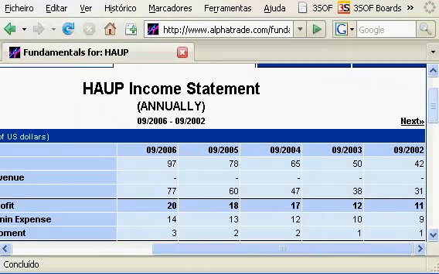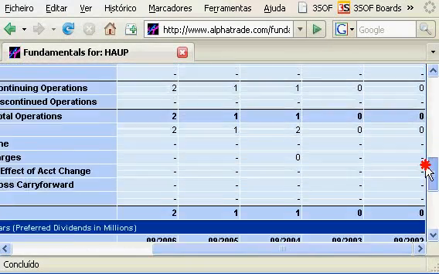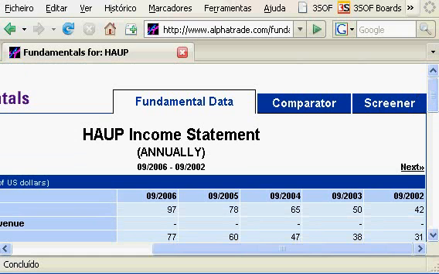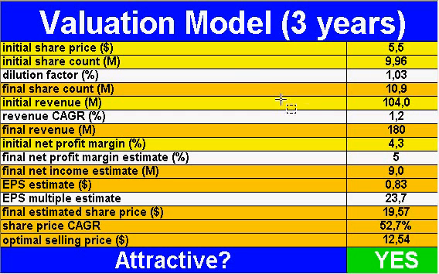So everything went well, revenue growth, but unfortunately the stock doesn't have a bright future, at least with the current business model. I'll tell you why next. Revenue CAGR, I put here 20% because I usually put the historical average, which was 23%.